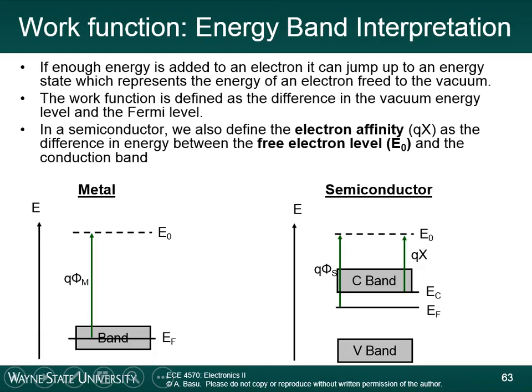In a semiconductor, there's often multiple bands, and the Fermi level is in between two of those bands. These bands represent states that the electron can be in. They're clusters of states, and the electron can move from state to state. That's the origin of electricity.